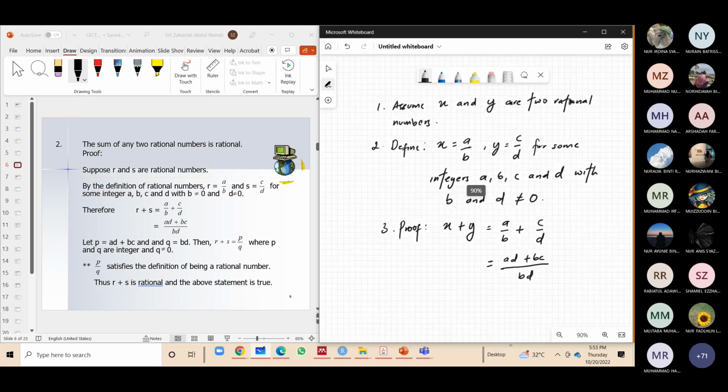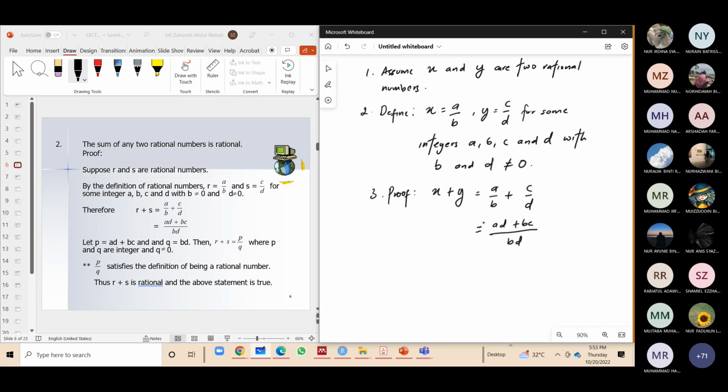And then you can simplify this by letting k equal AD plus BC, and then let M equal BD. Then your equation will be x plus y equals k over M.